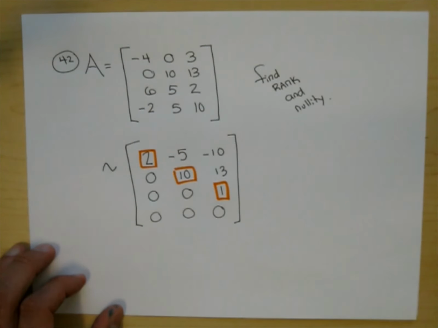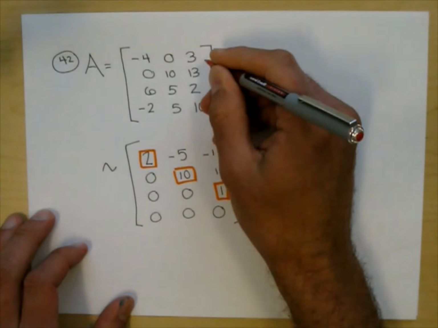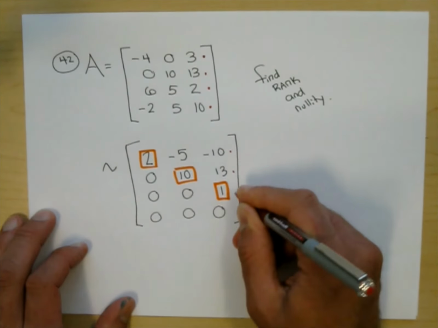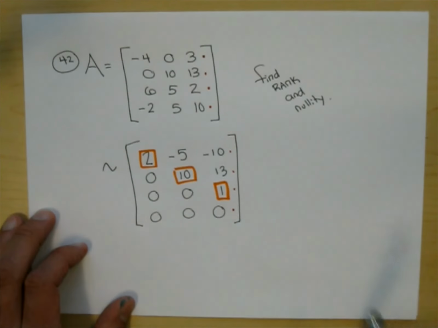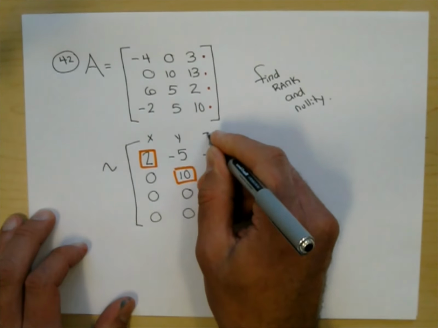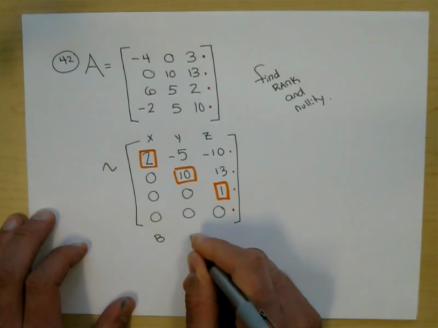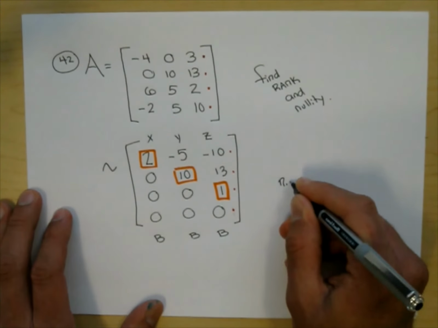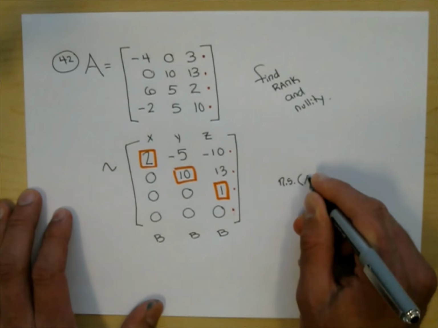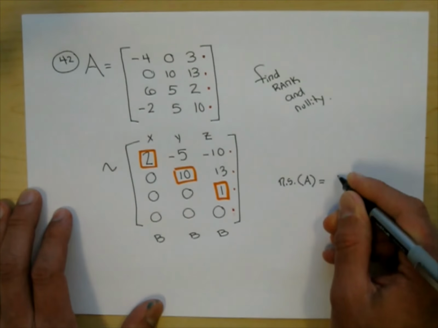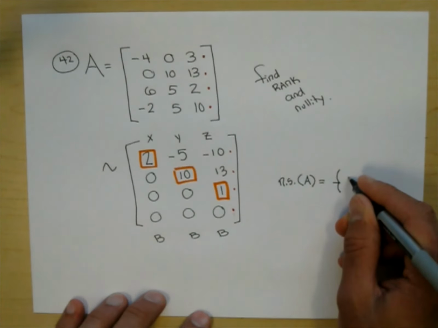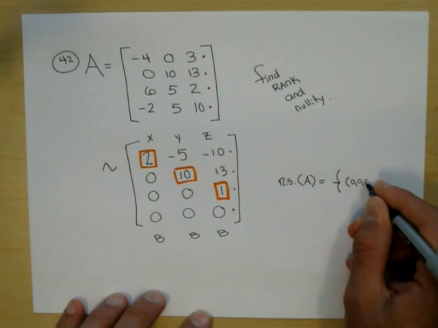Now, maybe it will help by putting some zeros here. Okay, so let's find the null space of this. If your variables are x, y, and z, you'll find that all your variables are bound, which means x equals 0, y equals 0, z equals 0. So the null space of this matrix is 0, 0, 0.